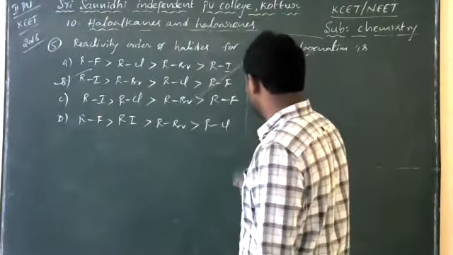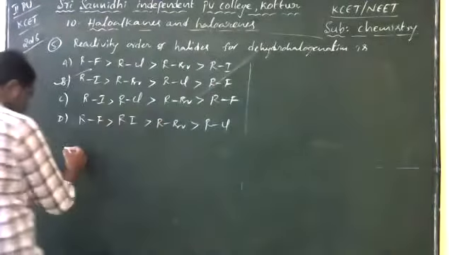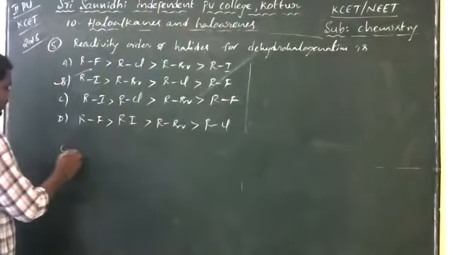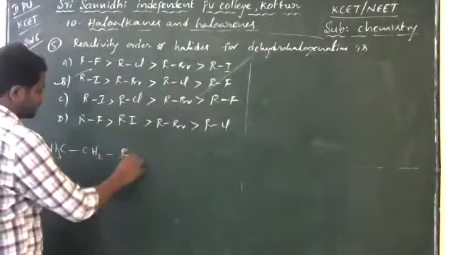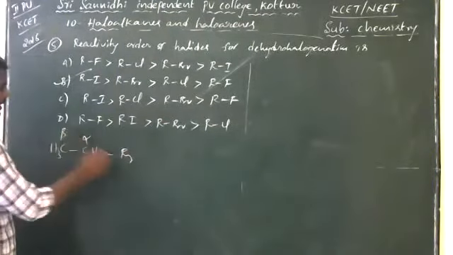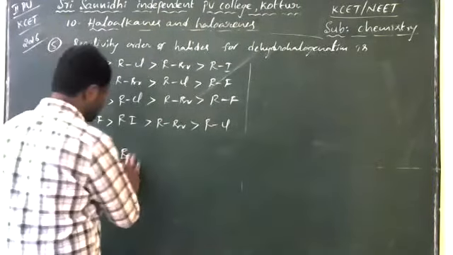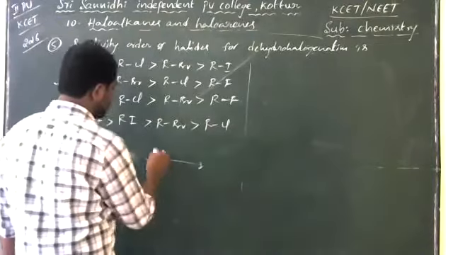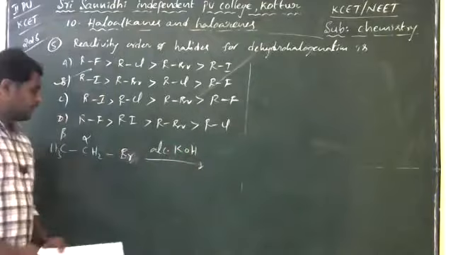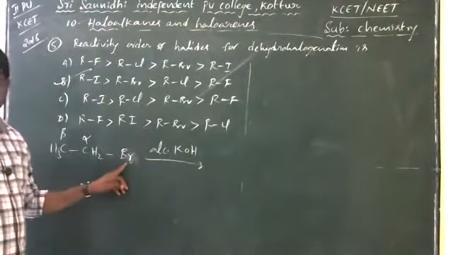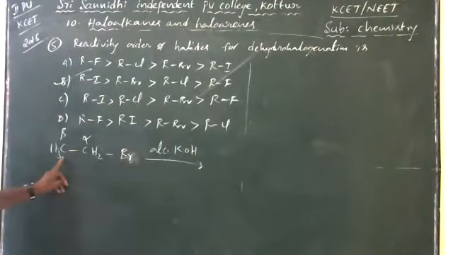See one example here. Take CH3CH2Br, right? From the alpha carbon you have to eliminate the halogen, in the presence of alcoholic KOH. From the beta carbon you have to eliminate hydrogen.